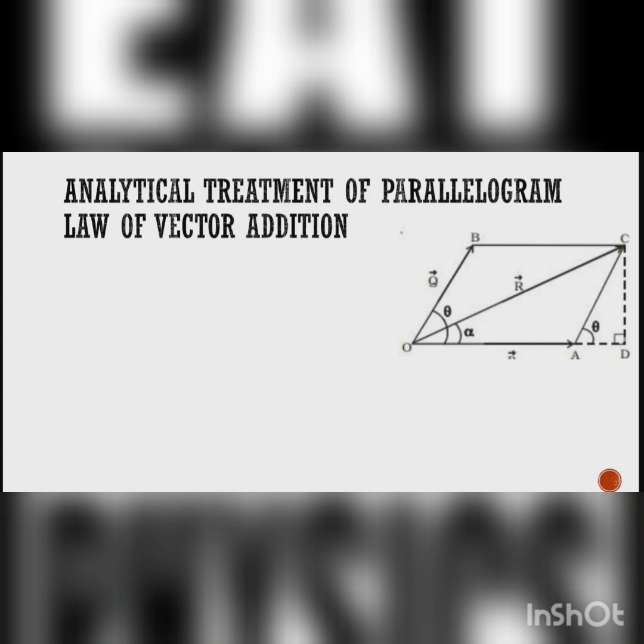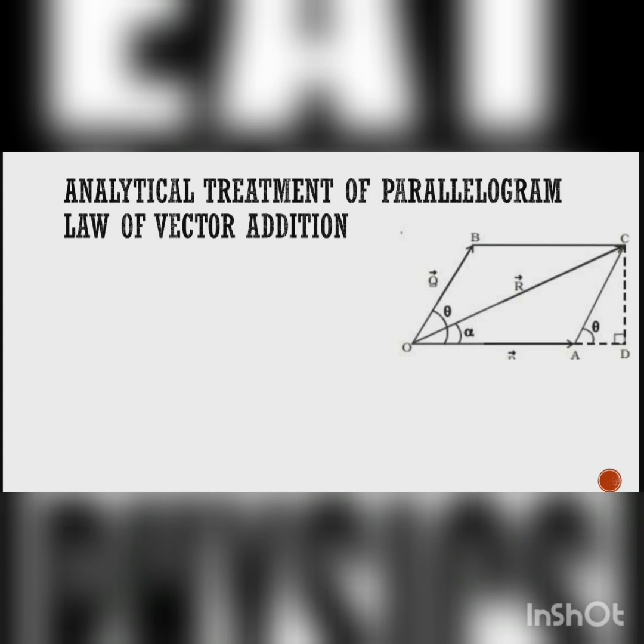Now let's see how, if we are not doing it graphically, if we want to do it mathematically, what is the direction of this vector and what is the magnitude of this vector R. So what would be our aim? I want to find out the length of this vector R, the length of this diagonal of the parallelogram.